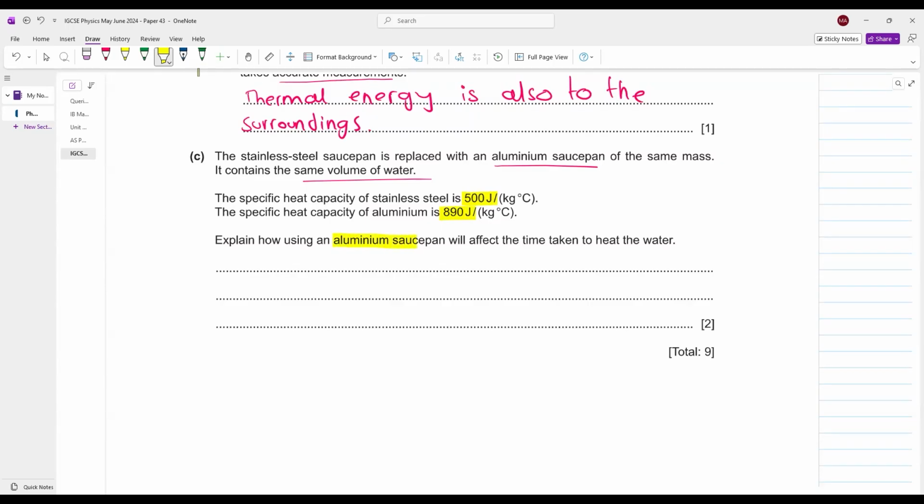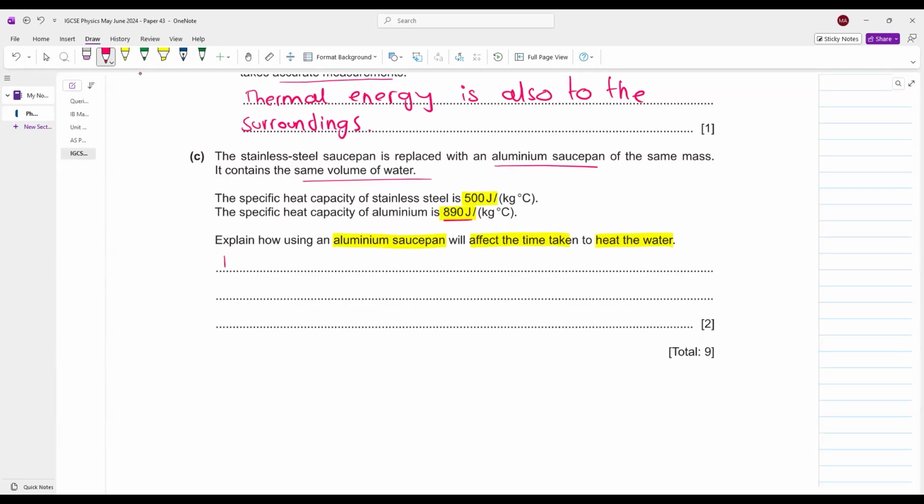Explain how an aluminum saucepan will affect the time taken to heat the water. Beta, first of all, can you see that the specific heat capacity of aluminum is larger? That means aluminum will take a greater amount of energy for the same temperature rise. Hence, aluminum saucepan takes a longer amount of time to heat the water.